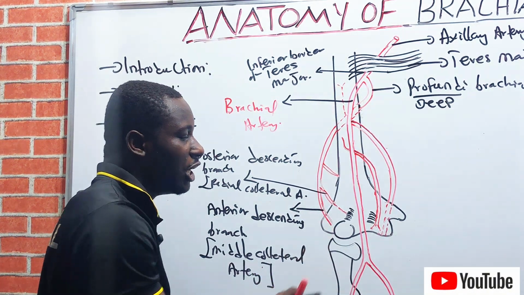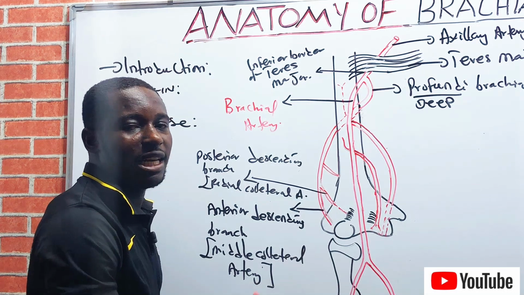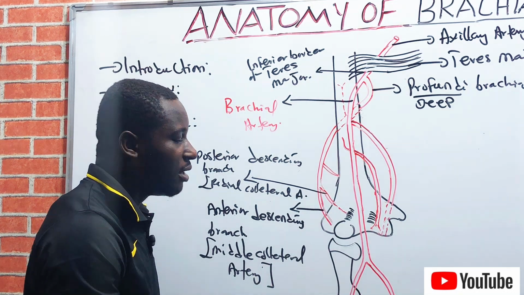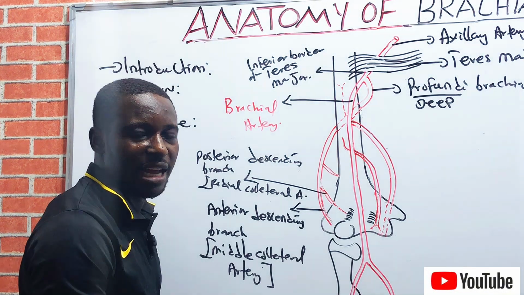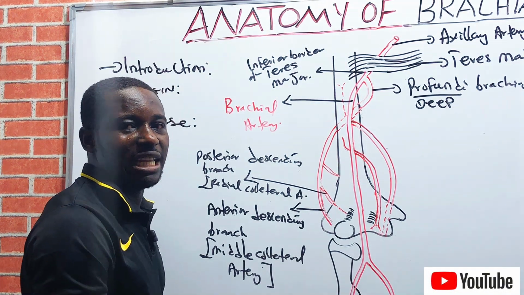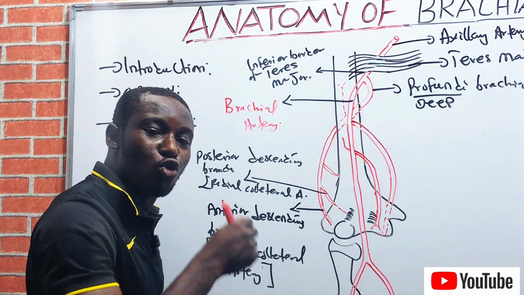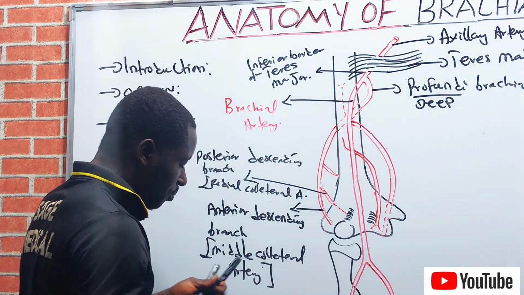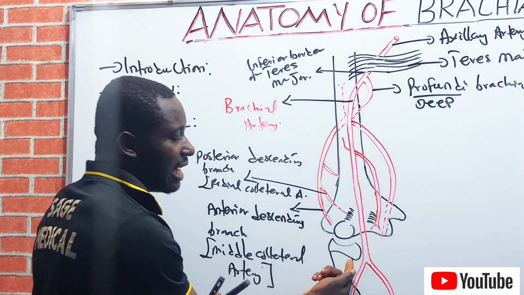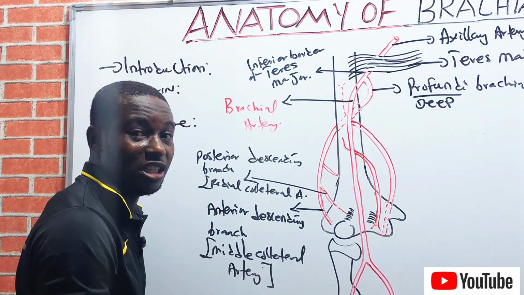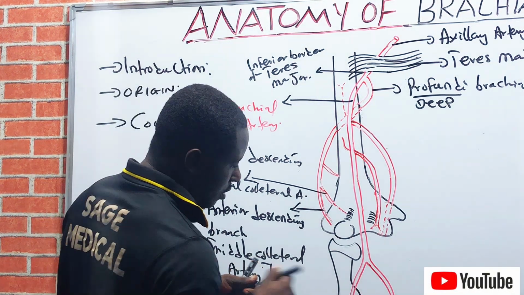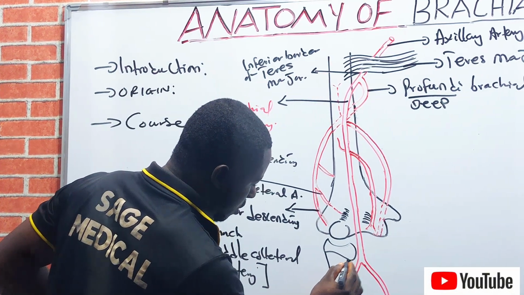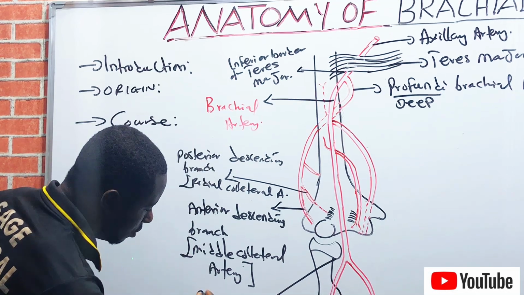Once it gets to the cubital fossa, at the level of the neck of the radius, it terminates into two terminal branches: the larger terminal branch, which is the ulnar artery, and the smaller terminal branch, which is the radial artery. The neck of the radius is a landmark because it indicates the termination of the brachial artery.